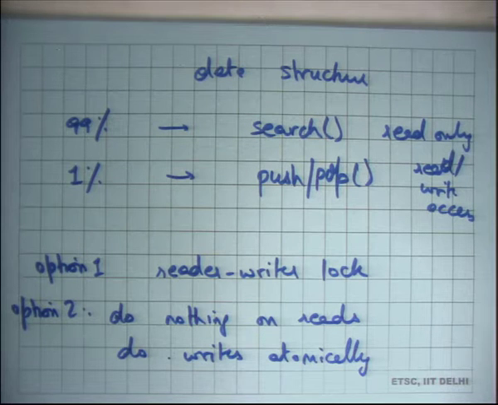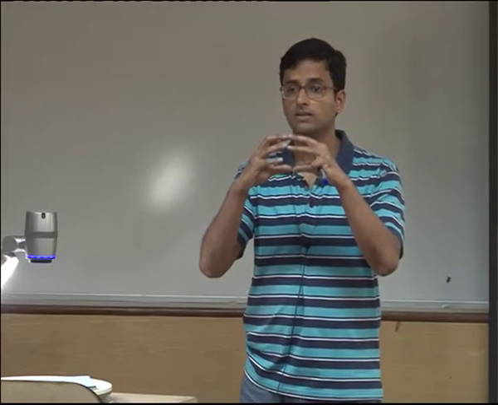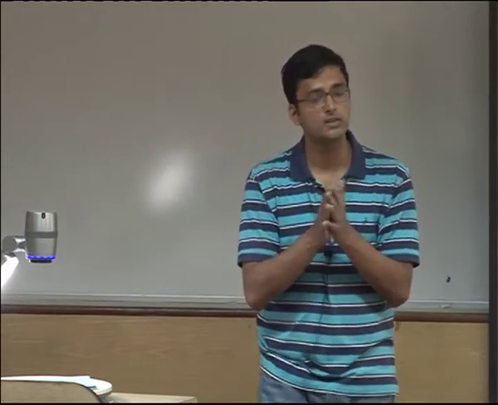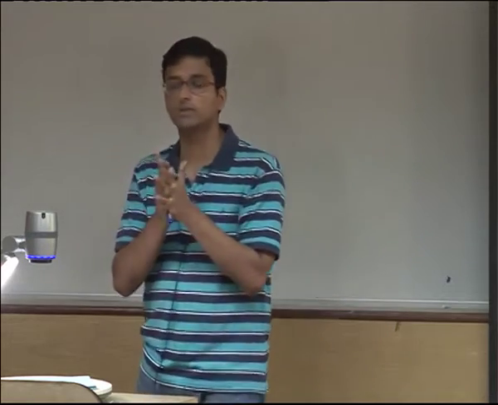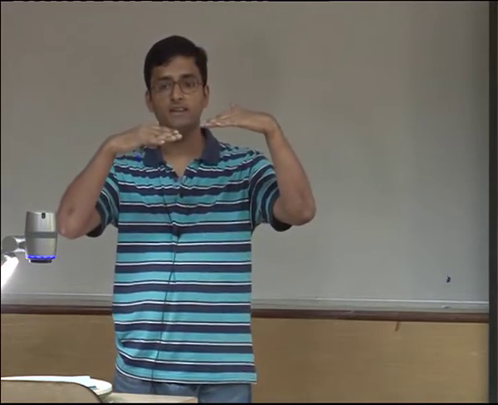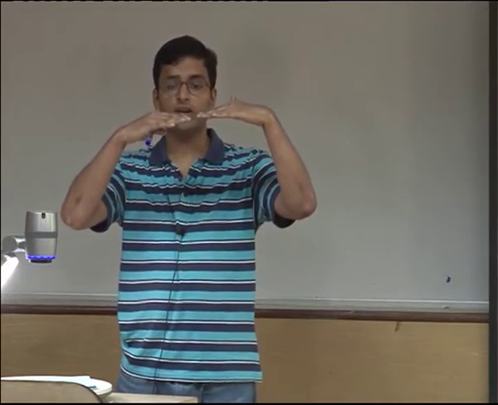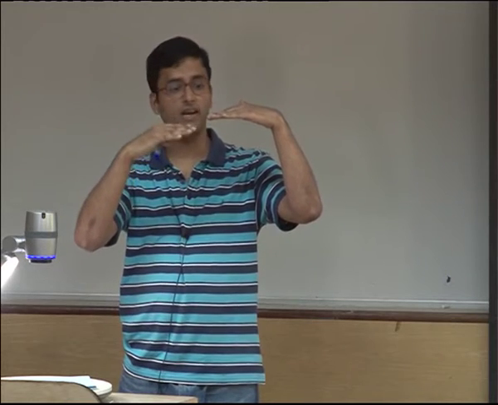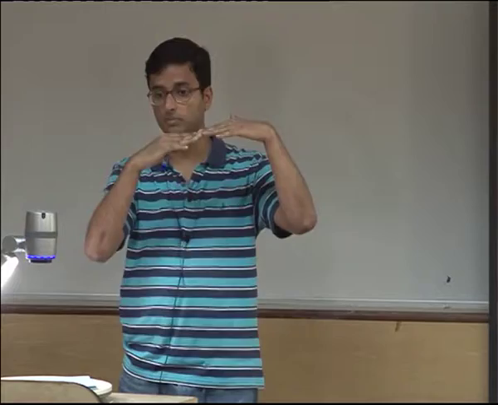But in your push and pop, you ensure that the update operation happens in one shot, atomically, right? So the read operation or any other write operation cannot see the update operation half done. What this will ensure is that if there were concurrent reads and writes, then either the read could have started before the update, or the write could have started after the update, but the read couldn't have started in the middle of the update, because the update is atomic.